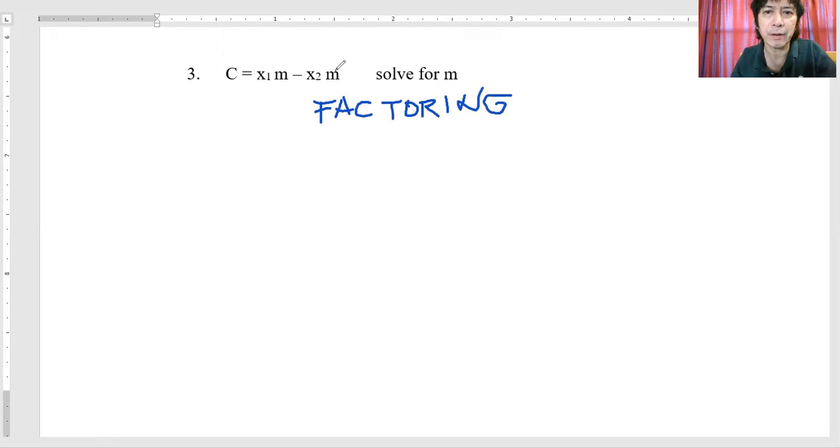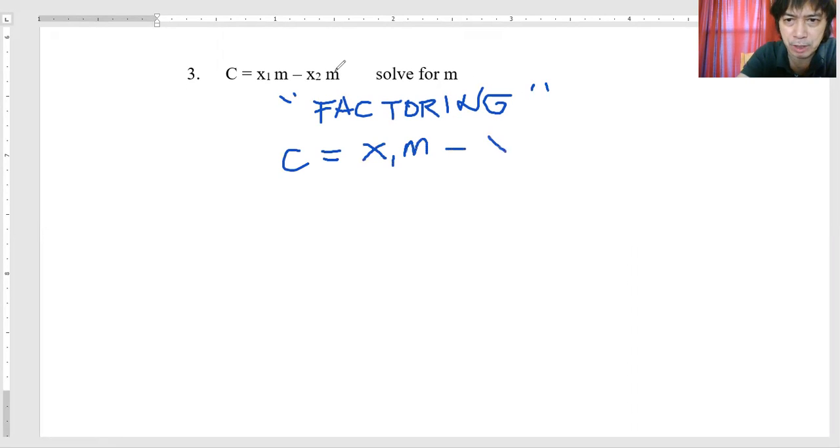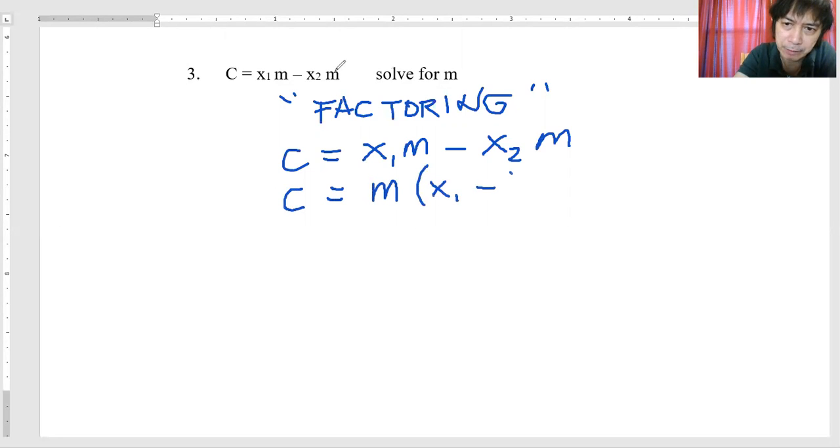You have C equals x1m minus x2m. You see a common factor, m. You can put it in a grouping symbol and move it out, like this.